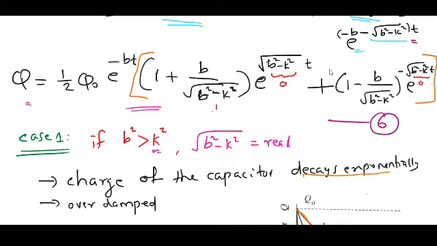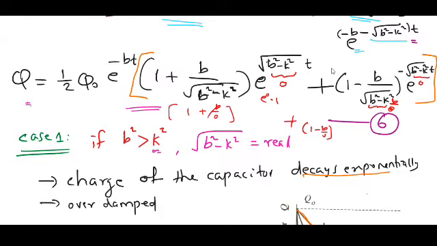Inside the bracket, e power 0 will be 1, so the first term is 1 plus b by 0, and the second term is 1 minus b by 0.